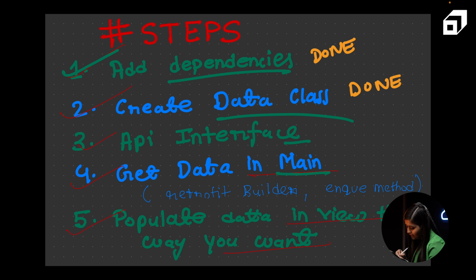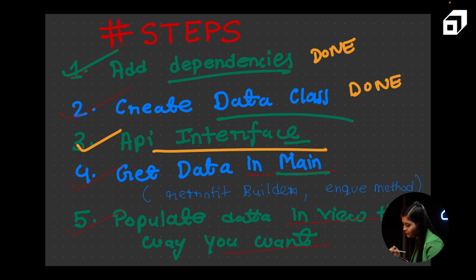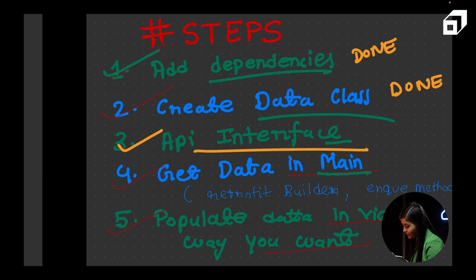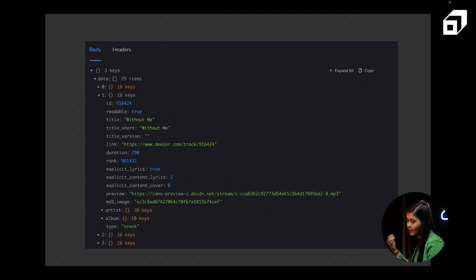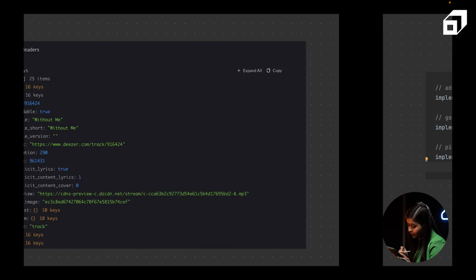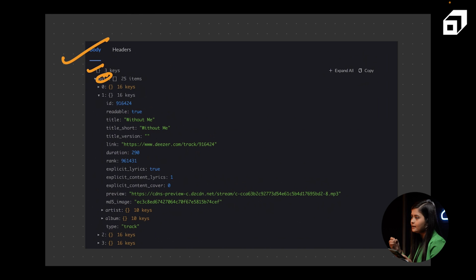And after that, step number 3 is something we are going to do right now, that is creating the API interface. And if you want to get an overview of the JSON data that we are using, this is the overview. We have 3 keys in that data, and after that we have 2 more objects like next, as well as the other was, I guess, total, the total music that the data is having.